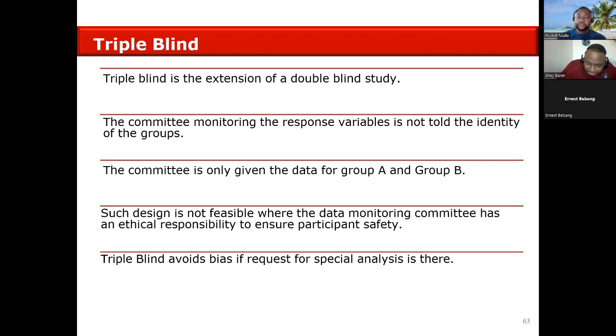As they look at that response, they have an opportunity to see how the patients are responding to the study, and they can evaluate that. But a triple-blinded study means the DSMB will also not have an opportunity to know which patient has been assigned to each drug.